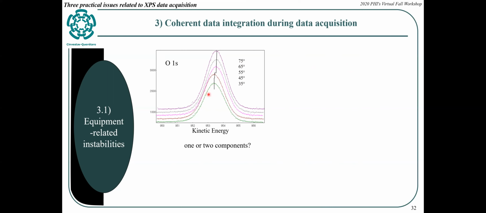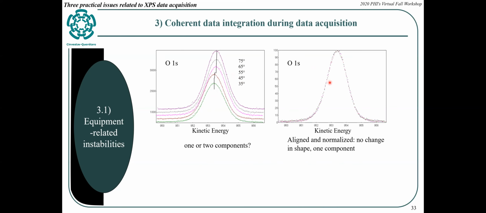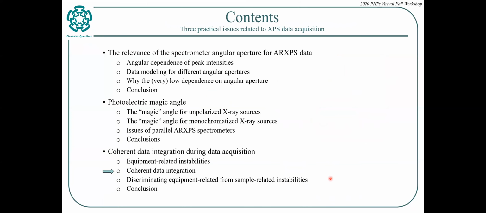This apparent shift with angle might lead you to think that you have two peaks. But when you overlap them, you see that they are just the same. So this is definitely due to shifts of the X-ray monochromator. This is not a real shift. It is an artifact of the equipment.